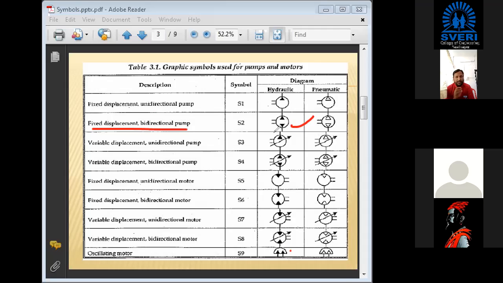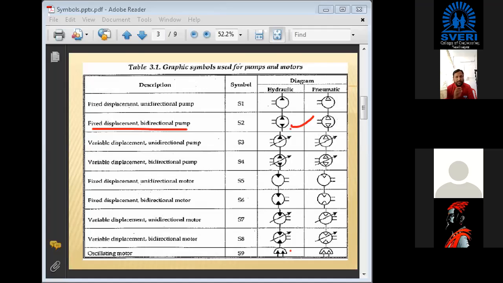Now you are getting my point. Why did I take the symbol of the direction in the last slide? For this purpose only. If you know the direction symbol and the pump symbol separately, and combine them for the fixed displacement bidirectional pump, then for hydraulic it should be indicated by this one, and for pneumatic by this one. Bidirectional means in both directions.